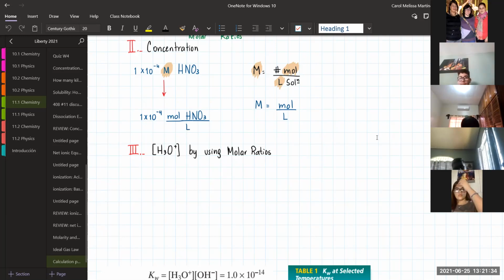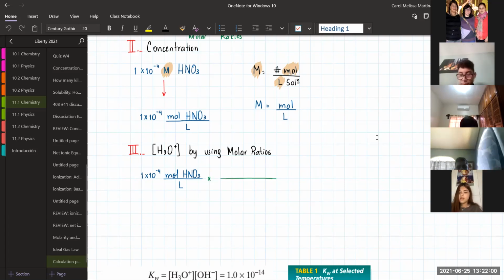So in other words, we're going to start like this. 1 times 10 to the negative 4th power moles of nitric acid, all divided by liters. Now, in the second part, I will multiply times the molar ratios between the two substances, nitric acid and the unknown.